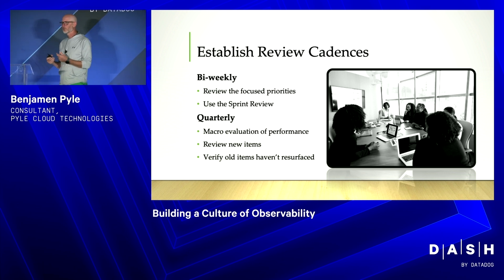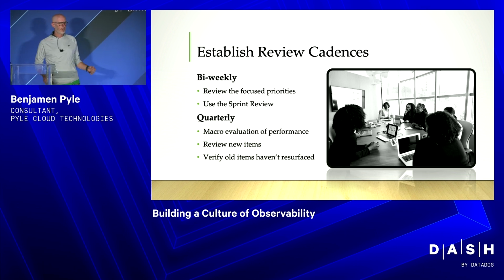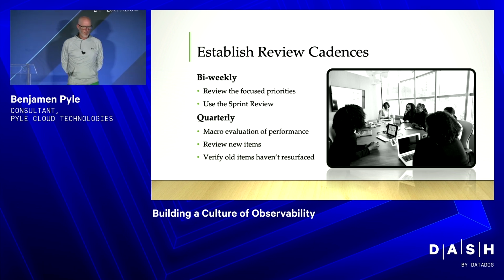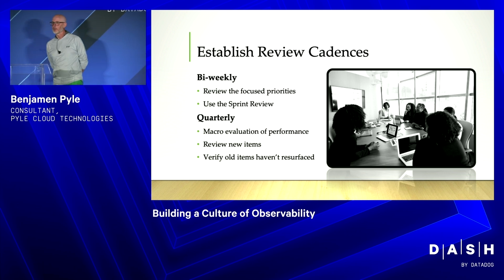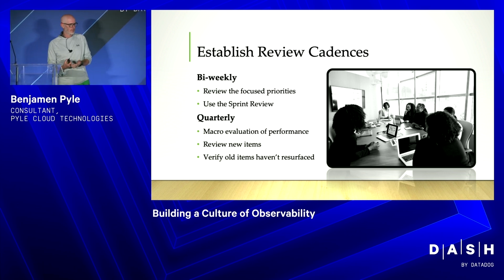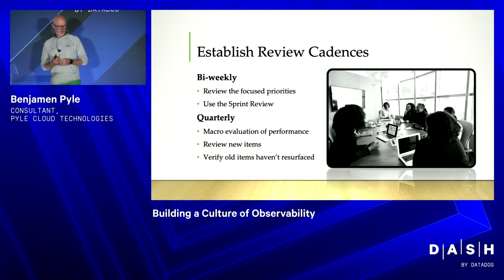And what you're doing on those quarterly windows is you're looking at kind of macro level performance. You're trending those biweekly metrics and measures and SLOs that you were looking at from APM. You're also evaluating and reviewing new items. Perhaps you've introduced new features and your top 5 slowest services have shifted around, or your top 5 slowest endpoints.